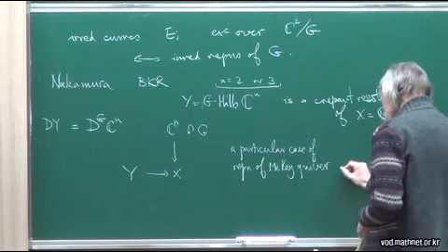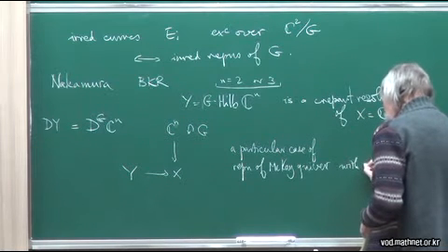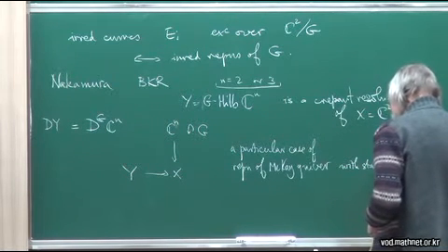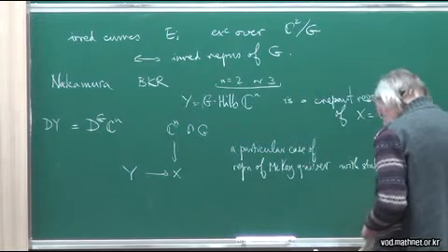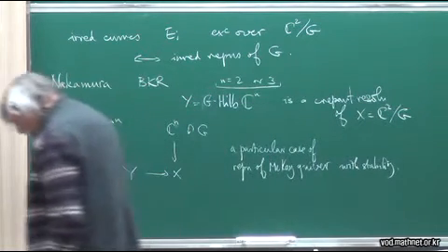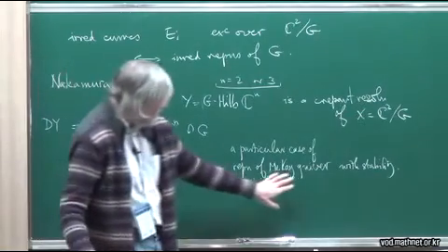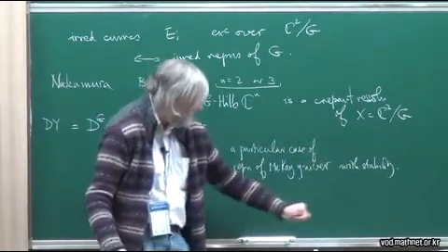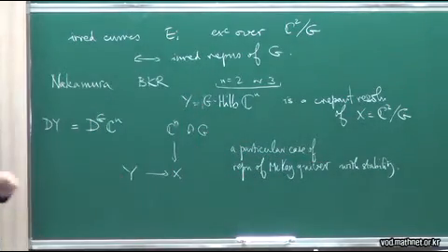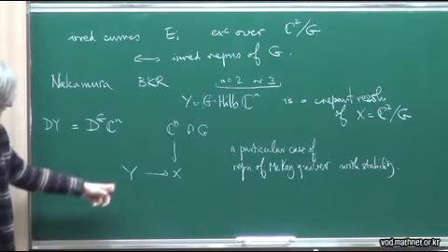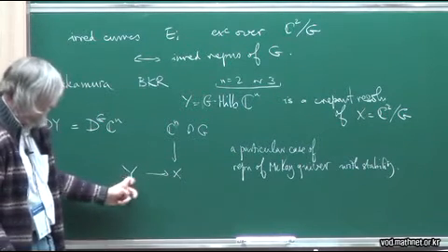Particular case of representations with stability. And so if I take representations of the McKay quiver with a different choice of stability conditions but still generic, then I get different Crepant resolutions.